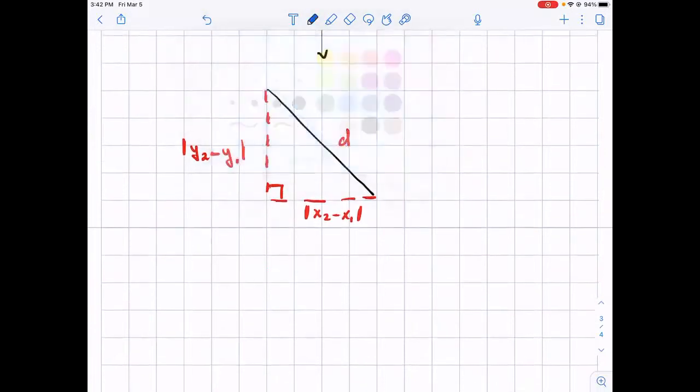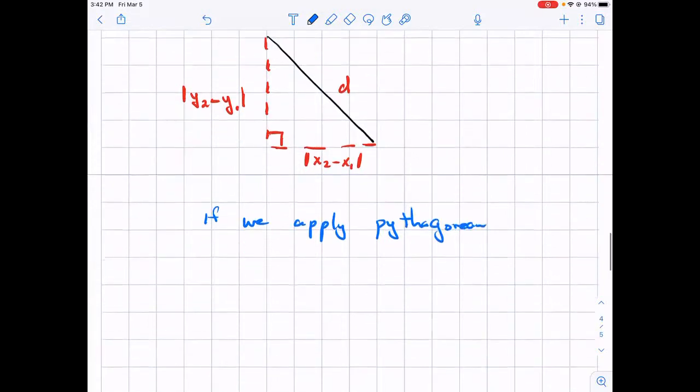So by applying Pythagorean theorem, we have that d squared is equal to the absolute value of x2 minus x1 squared plus the absolute value of y2 minus y1 squared.